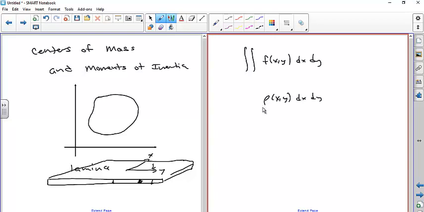So the function is density and not height. And we're going to look at that over a particular shape that has a shape in 2 dimensions, but in the 3rd dimension it's uniform, both in density and thickness.